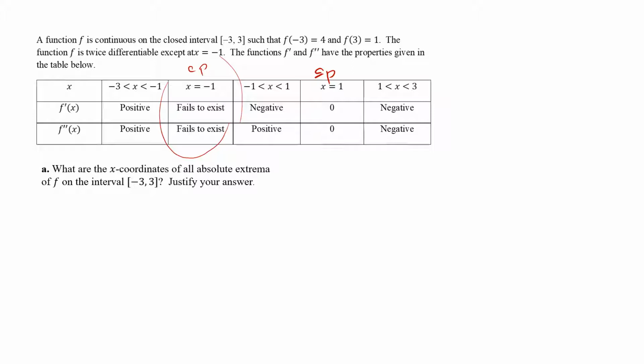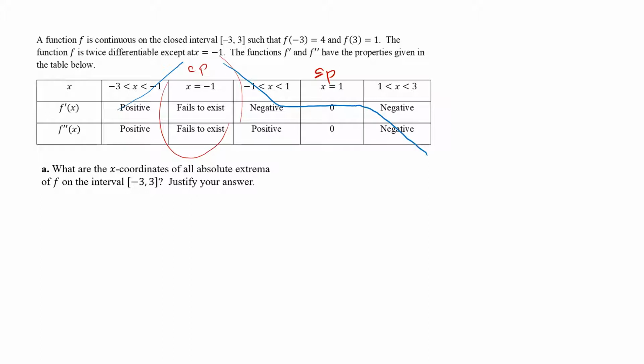So we need absolute extrema. Now we can't just plug it into the function like we did yesterday because we don't have a function. So we do have to use more thinking. Sometimes it's not possible to find the absolute extrema, but for most of the ones that we'll be looking at, we can. So if we look at the function, we're starting at an endpoint, and we're going positive, and then we fail to exist, so there would be a cusp, and then we're going negative, 0, negative.